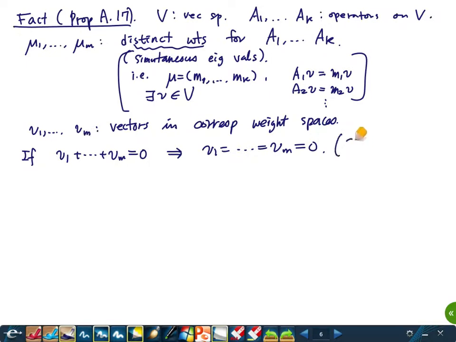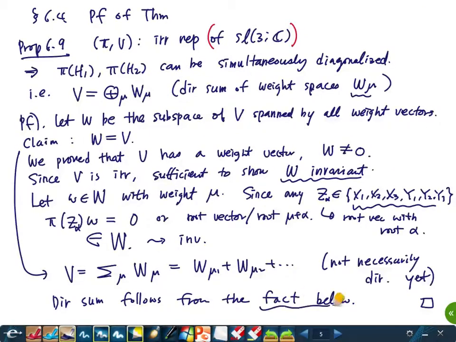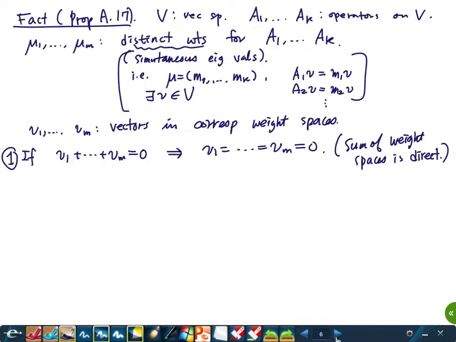So the sum of weight spaces is direct. This is what that means. This is statement 1. For our situation here, it follows from fact 1, because we have distinct weights, so there must be a direct sum. Okay? This is done.